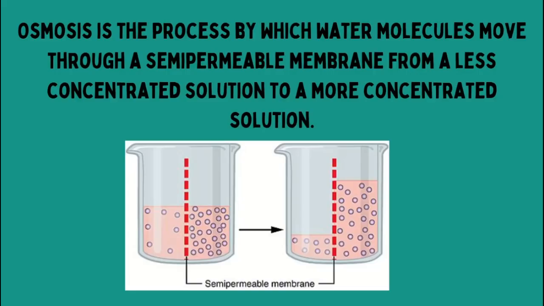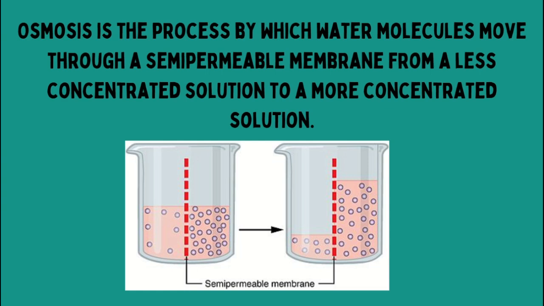So now we're moving on to osmosis. This is the process where water molecules move from an area of high concentration to an area of low concentration across a semi-permeable membrane until they're evenly distributed. Osmosis is a form of passive transport, just like simple diffusion and facilitated diffusion, but the difference is that it takes place specifically within water and it passes through a semi-permeable membrane.